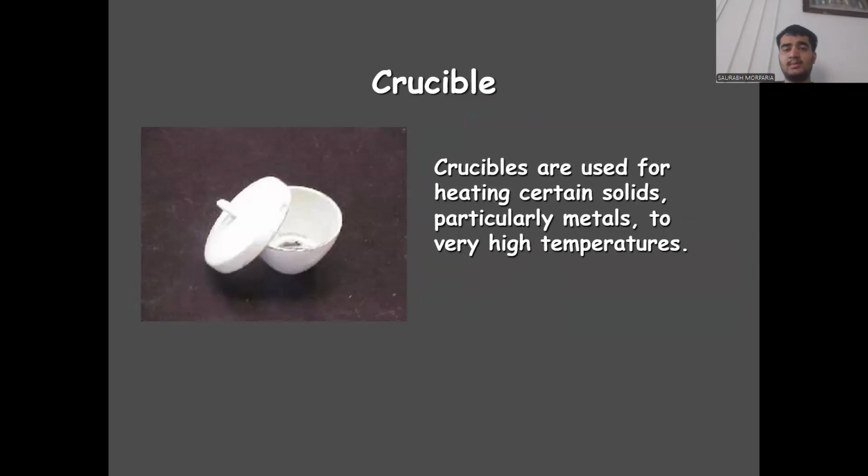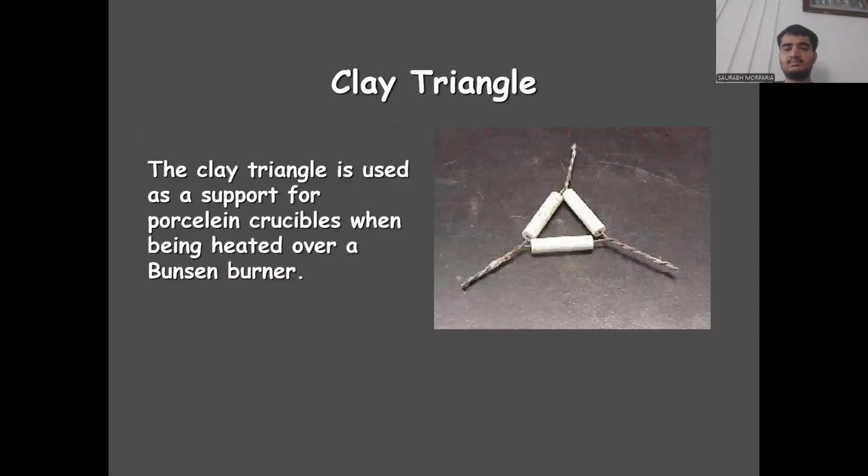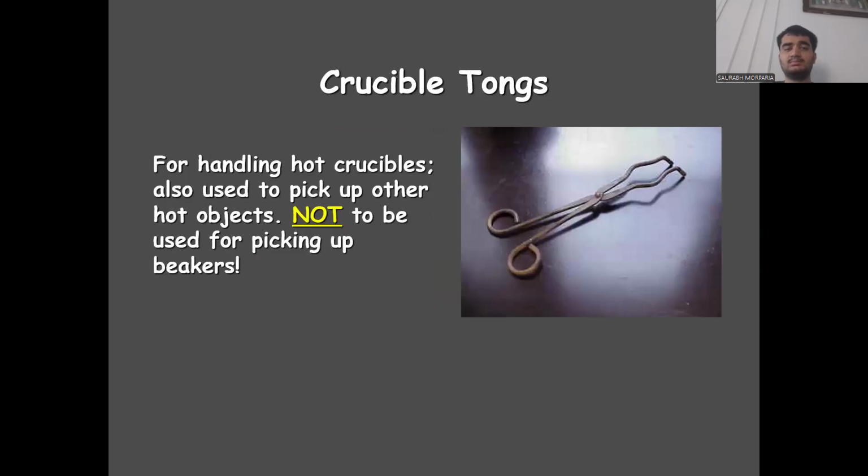Crucibles are used for heating certain solids, particularly matter, to a very high temperature. Clay triangle is used as support for a crucible when being heated over a Bunsen burner. Crucible tongs are for handling hot crucibles, also used to pick up other hot objects, not to be used for picking up beakers.